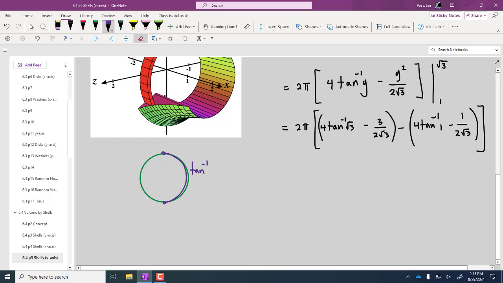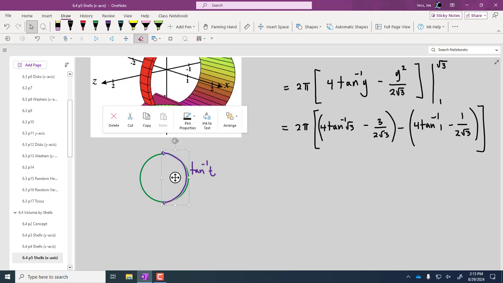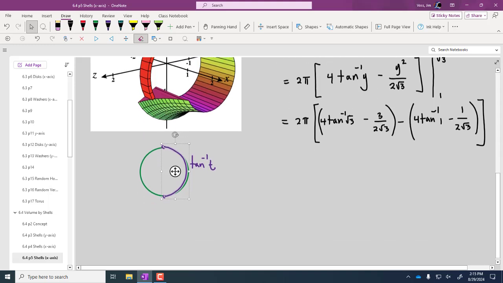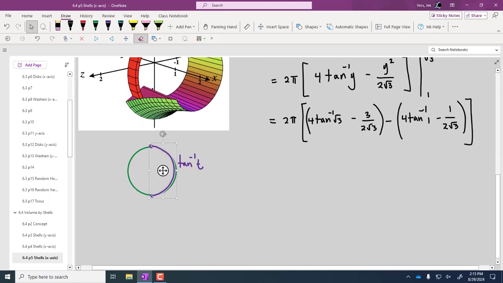So arctan of whatever it is, I'm just going to put a t there. Anytime you see an inverse trig function, you should be thinking angle. That's the first thing. It's a restricted angle. Arctan is restricted to the right side of the unit circle. Arcsine is restricted to the right side.